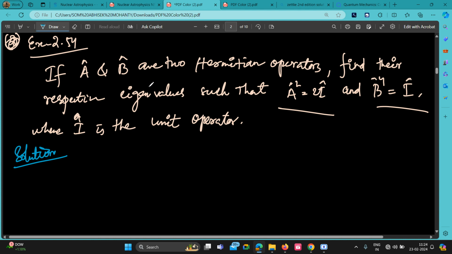A square is equal to 2I, B fourth is equal to I. So how to solve this? A square is equal to 2I.